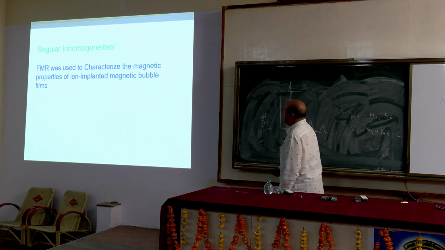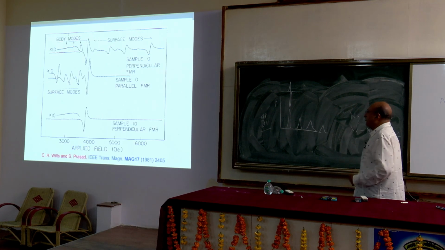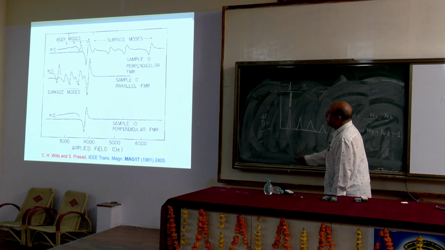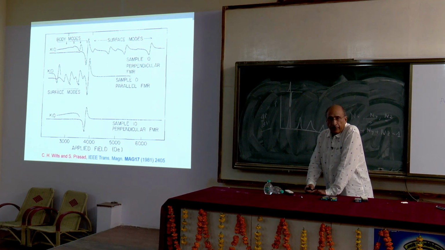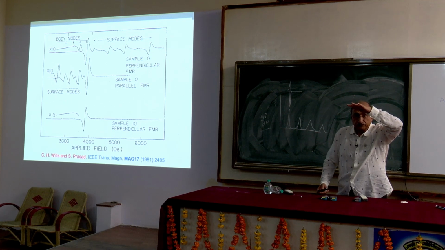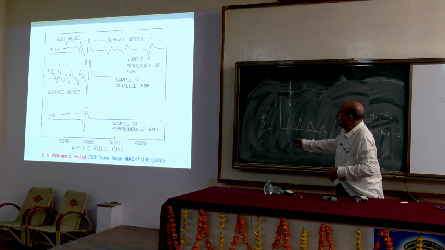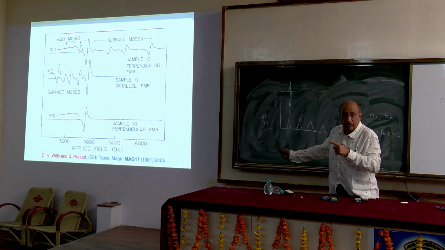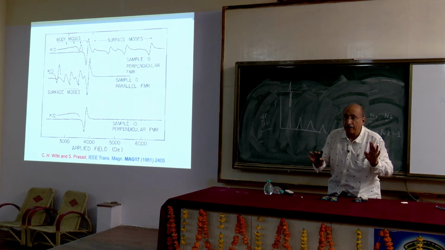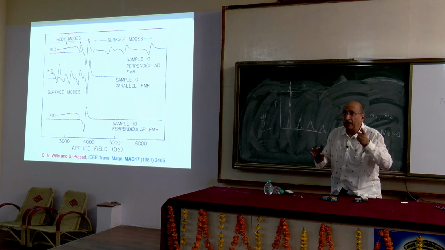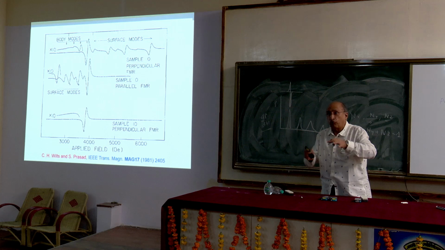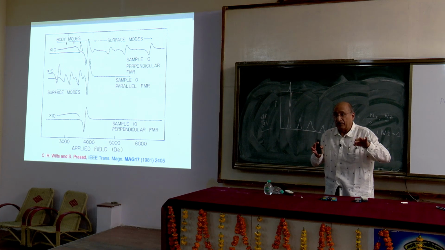FMR can also be used to characterize magnetic films, such as ion-implanted magnetic bubble films, about which this is again a fine paper, where you can see 2 sets of modes. This set of modes is coming only from the top layer, because if you calculate 4πMs effective, it is much larger in this case since anisotropy has been killed. Actually, in magnetic bubble films, HK is much larger than 4πMs, so 4πMs effective is what we call negative.